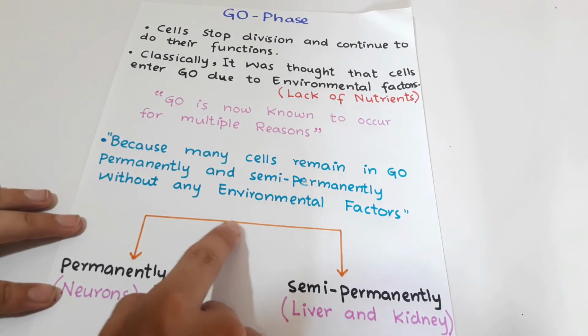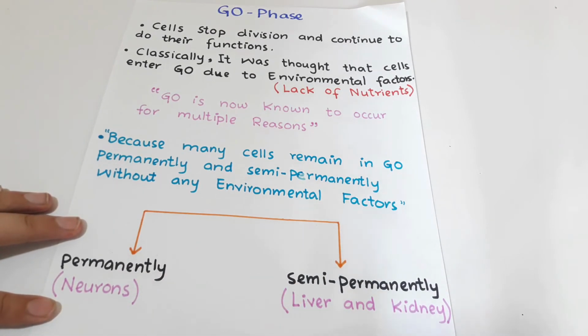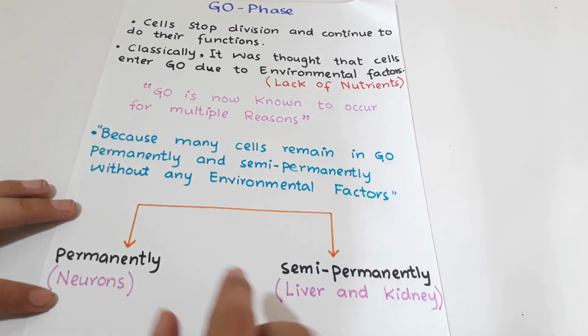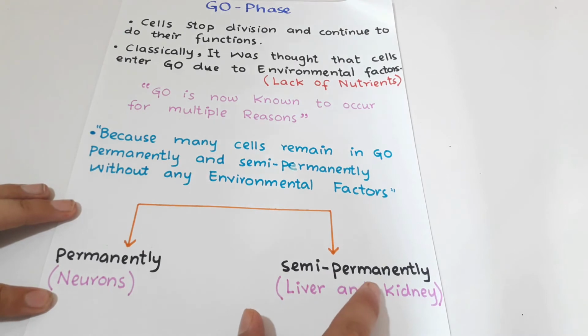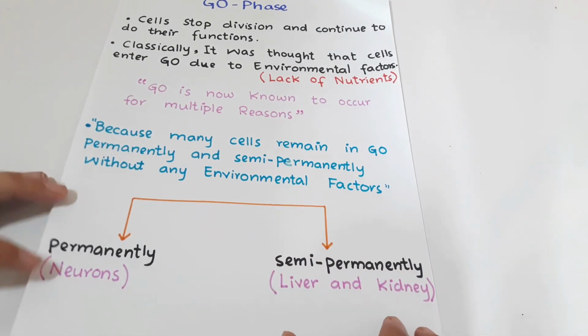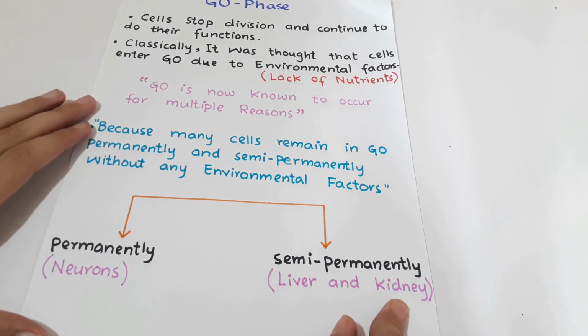The cells which enter permanently into the G0 phase without any environmental factors include neurons, the brain cells, and the central nervous system cells. Some of the cells of our body enter semi-permanently into a G0 phase, but they divide when they get a signal, and these include liver and kidney cells.